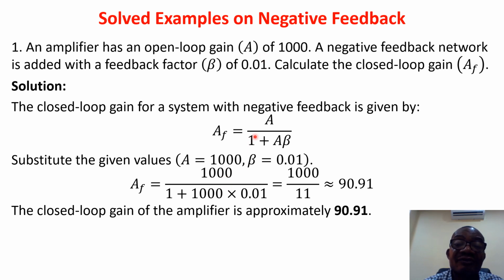Then over 1 plus 1000 times the feedback factor 0.01. So when we substitute it, we have 1000 over 11, approximately 90.91. So the closed loop gain of the amplifier is approximately 90.91.